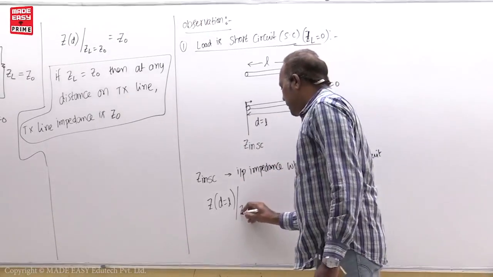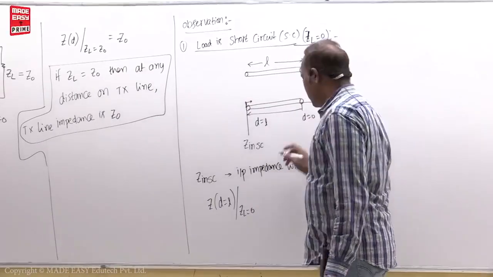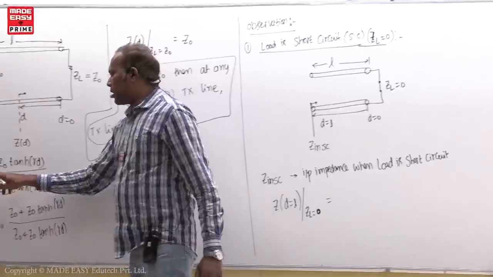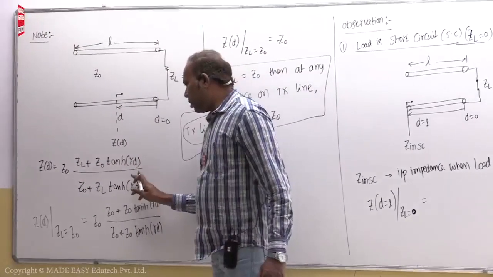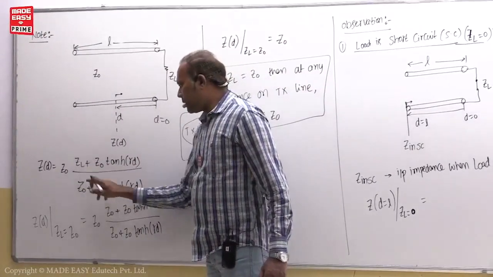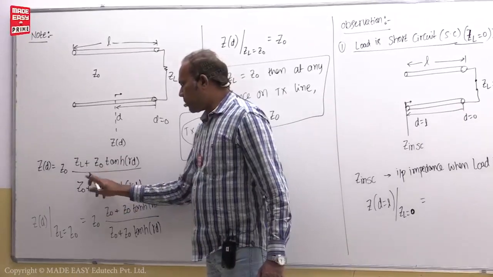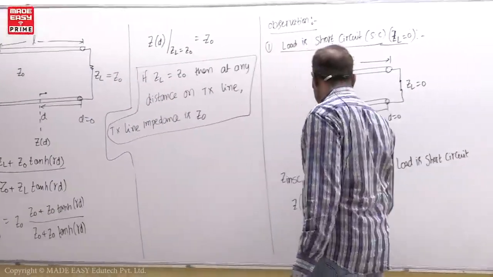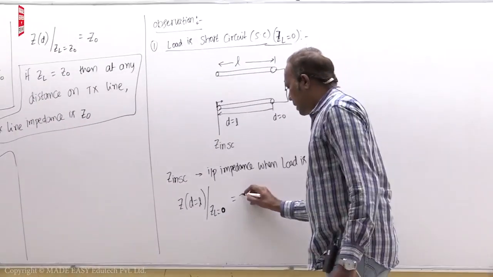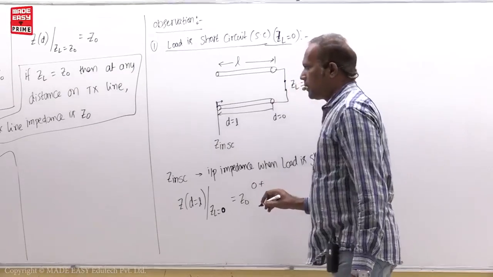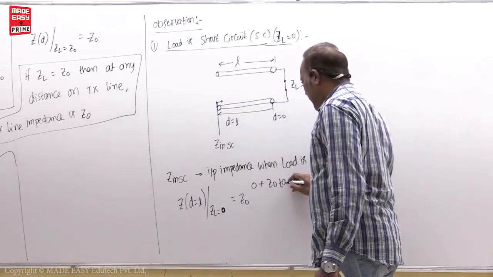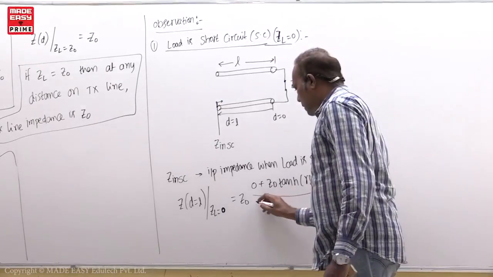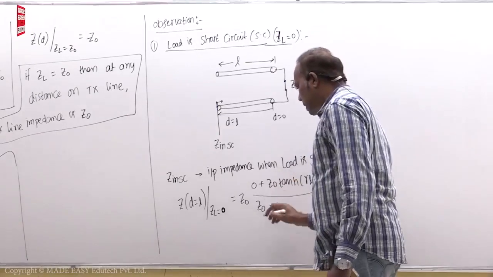And I am substituting ZL is equal to 0, then that formula is this one. So you substitute D is equal to L, then gamma L you get. Then ZL 0 means here 0 you get. So Z0 by Z0 cancel. Then Z0 tan H gamma L you get, students. Okay. So you can write here Z0 then 0 plus Z0 tan H gamma L divided by Z0 plus 0, Z0 gone.